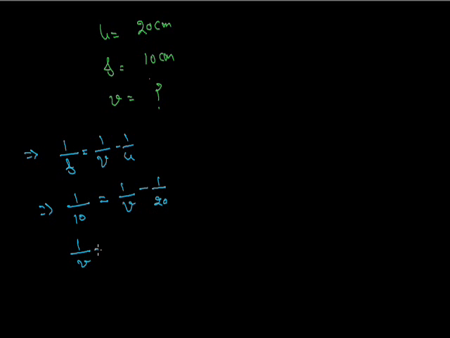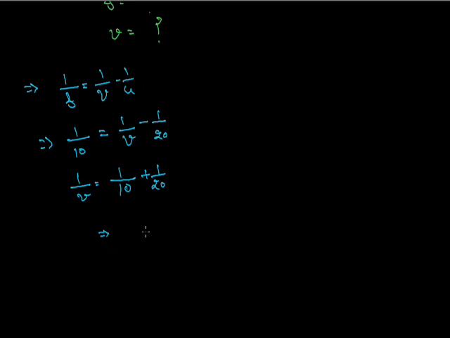Then 1 by v will be equal to 1 by 10 plus 1 by 20, and the LCM is 20. So 2 plus 1 means v will be positive 20 by 3. By calculating all the values, we are happy that we have calculated the answer.